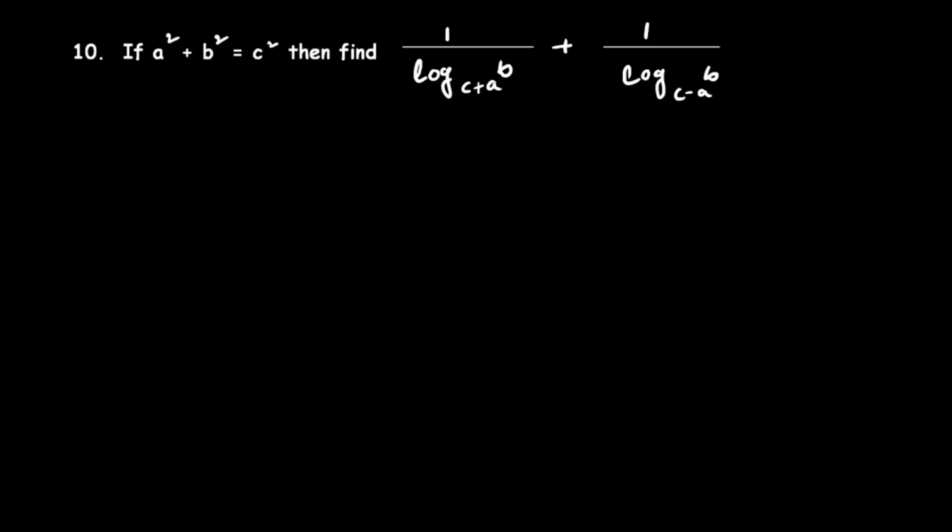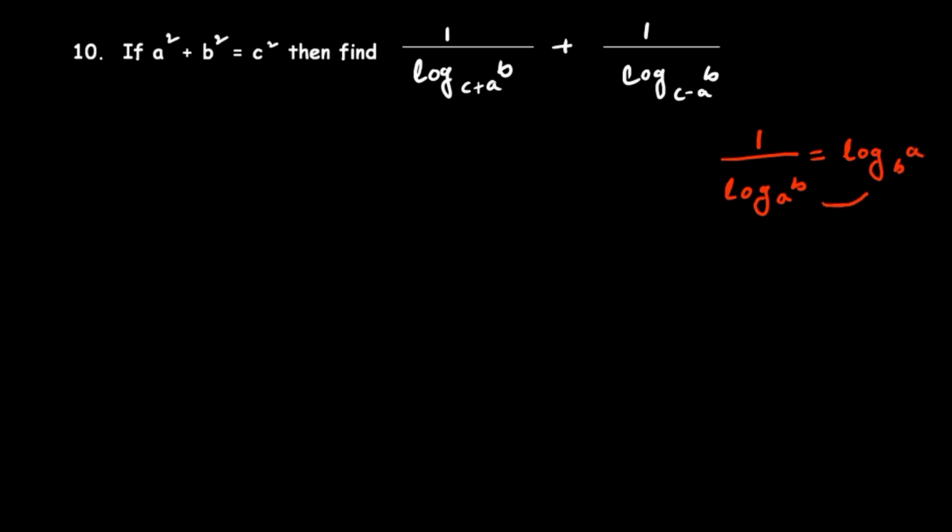Wow, here is another beautiful question, that is, if a square plus b square equal to c square, then 1 by log b base c plus a plus 1 by log b base c minus a. So before going to discuss this one, I will give you one more wonderful formula, that is 1 by log b base a equals log a base b.